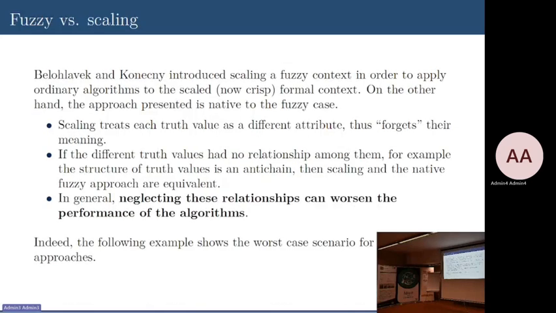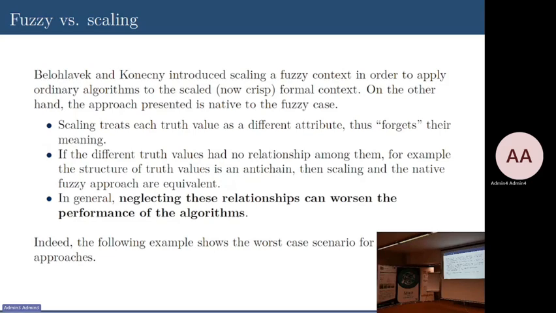Let me give a little detail about the difference between native fuzzy algorithms and scaling and wrapping algorithms. As I said before, Bělohlávek and Konečný introduced scaling in 2017, and they applied crisp formal context algorithms to the scaled ones. The problem is that we lose the semantics of having different truth values. When you scale, you consider different truth values as completely different attributes, so you are losing the meaning of having a higher or lower truth value.